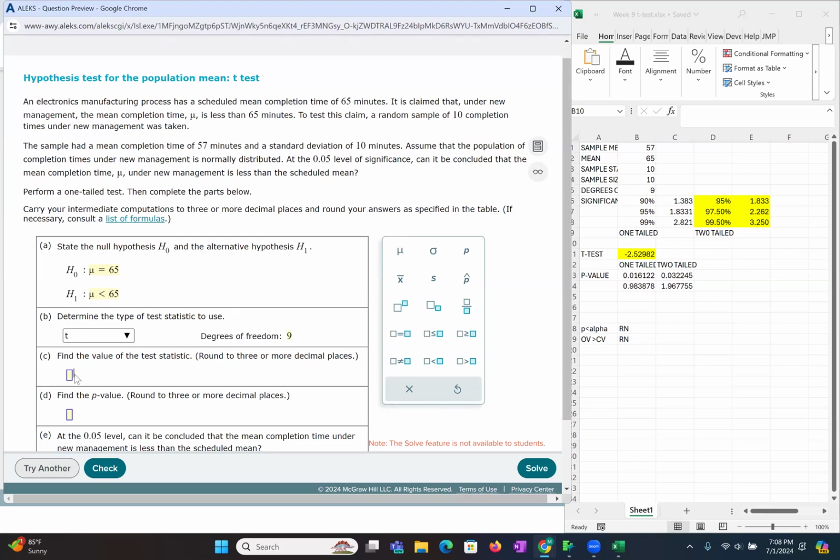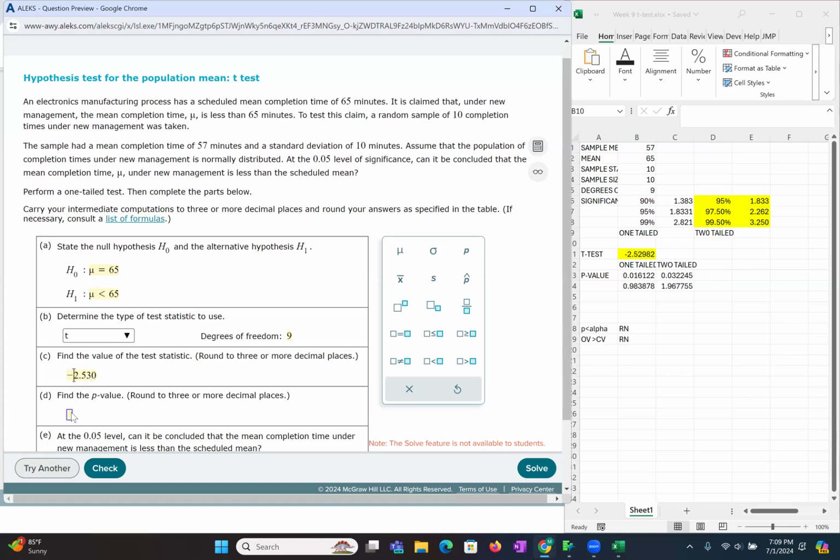Awesome. And then the value of your t-test is negative 2.53. This is kind of tricky. Let's round and go with that, but it should be negative. Very good.